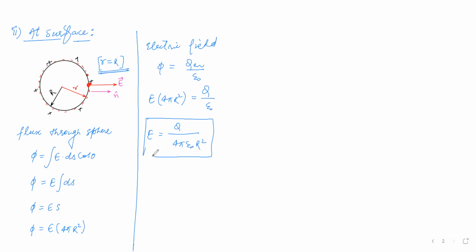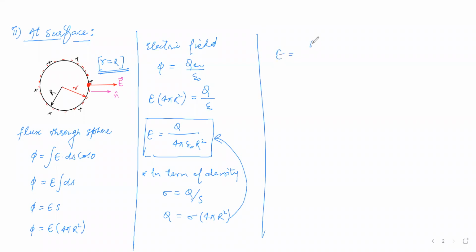Note it down, please. In terms of density, if you want to calculate, your equation will again be sigma is equal to Q over S. So your Q will be equal to sigma into S. Your S is 4 pi r square, because r is equal to the capital R. When you put this value of Q into this equation, you get E is equal to sigma 4 pi r square over 4 pi epsilon naught r square. 4 pi r square cancels with 4 pi r square, which gives E is equal to sigma over epsilon naught.